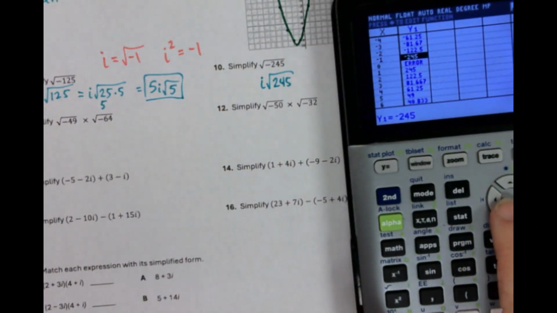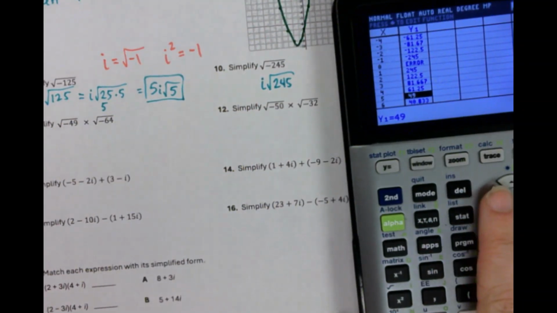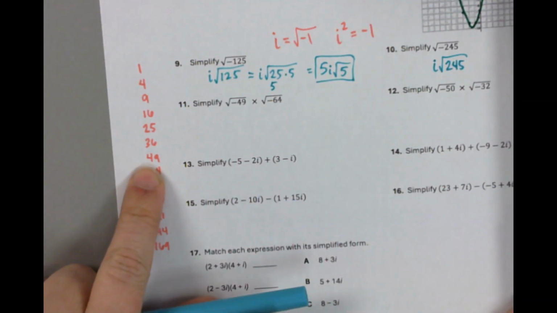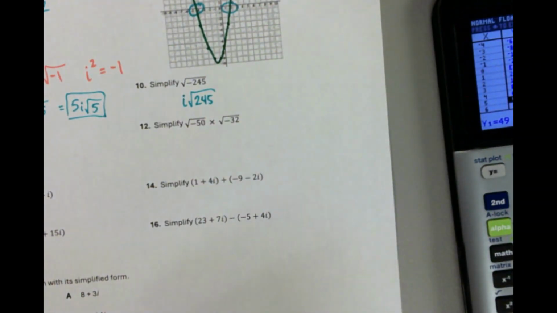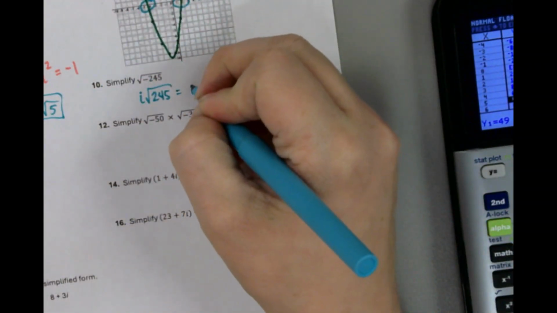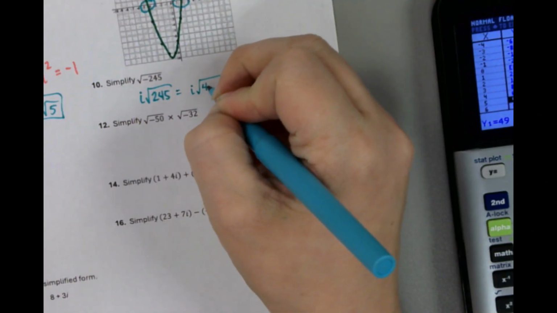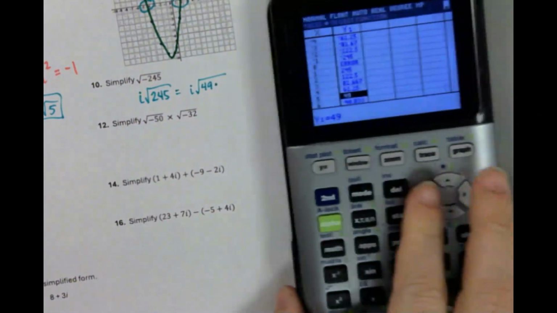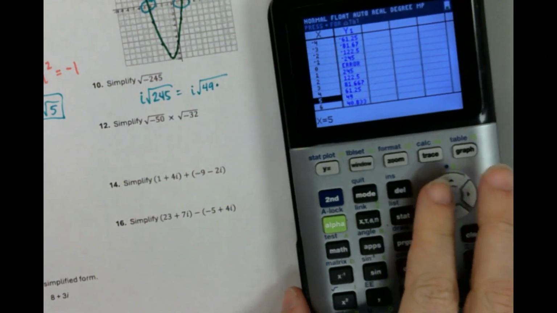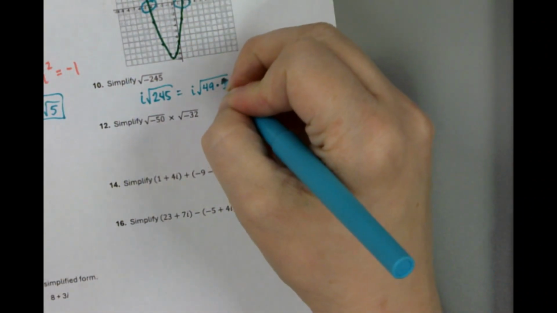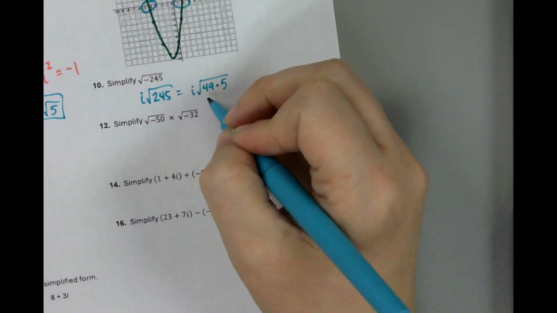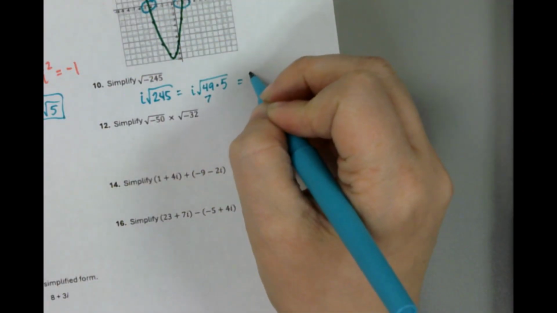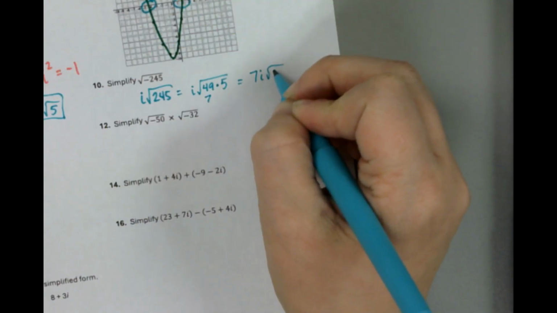Let's see, -245 is not a perfect square, neither is 245. 49 is a perfect square. It's on my list. So I'm going to rewrite this as i times the square root of 49 times 5. I can take the square root of 49. It is 7. So I have 7i root 5.